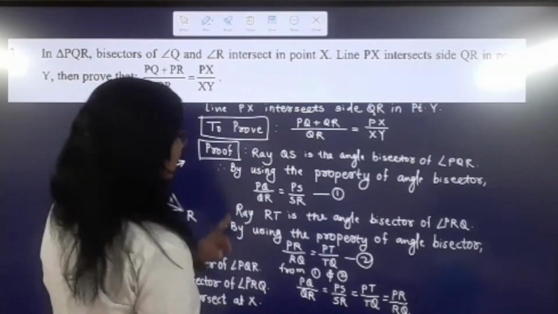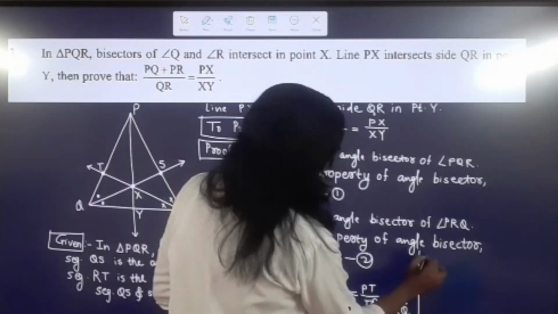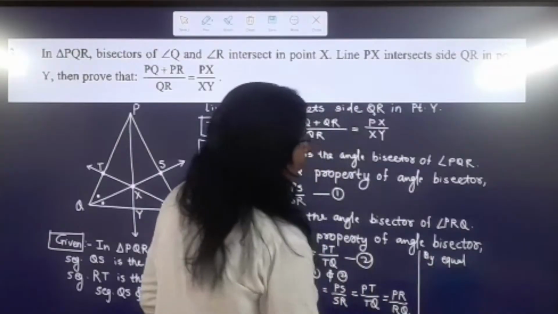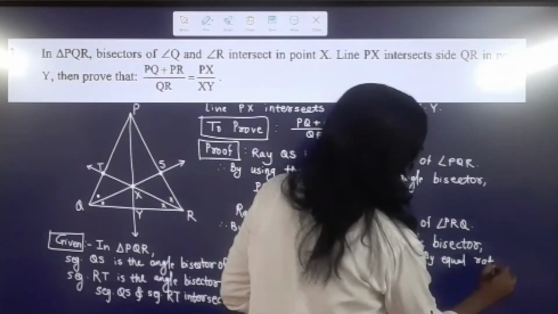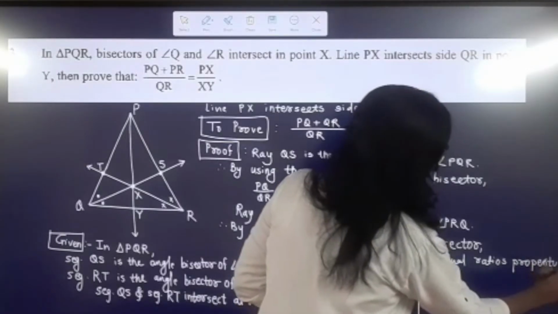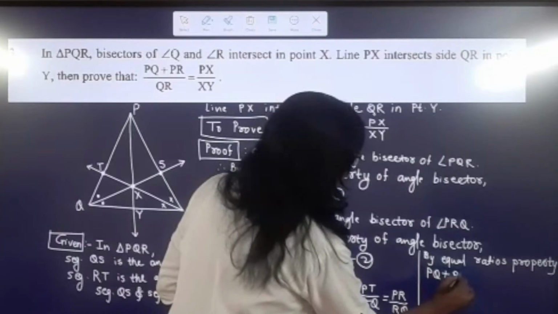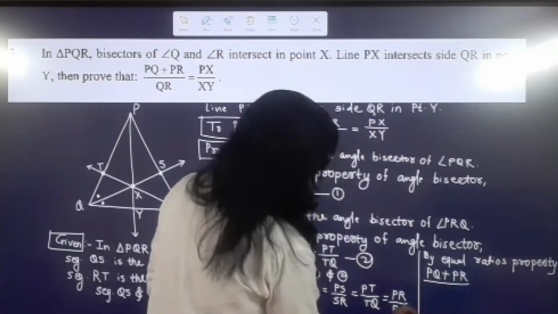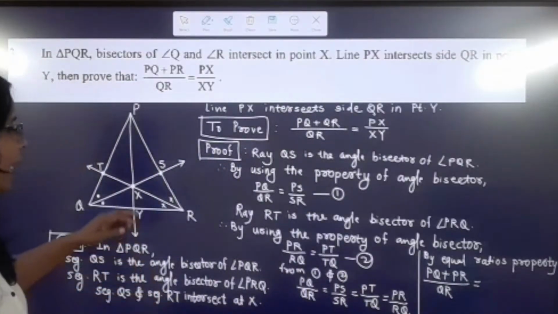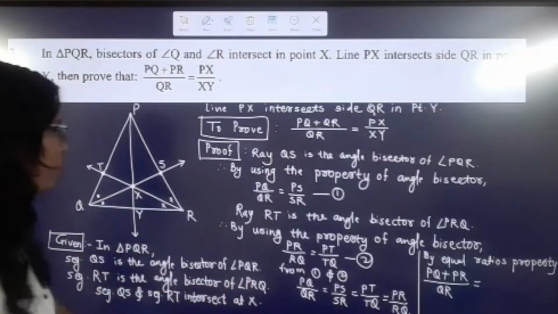So PQ plus PR, by equal ratios property, we say that PQ plus PR upon QR is equal to Px upon xy.